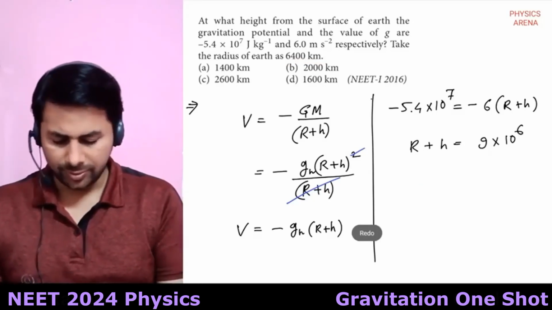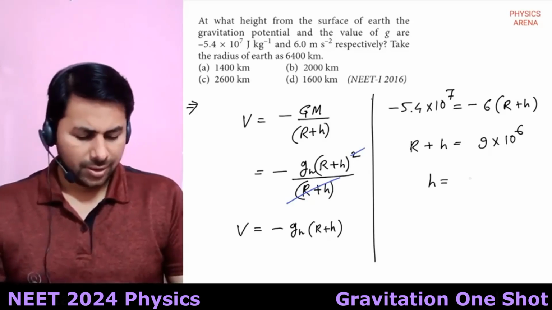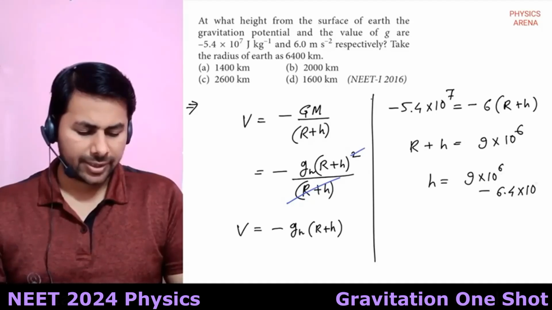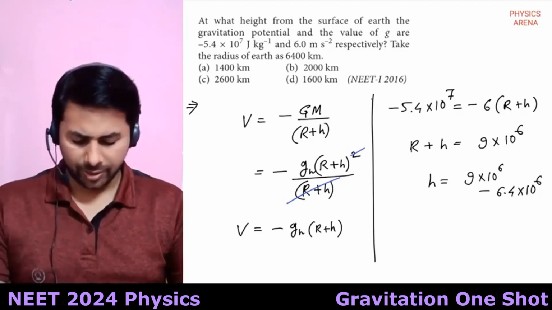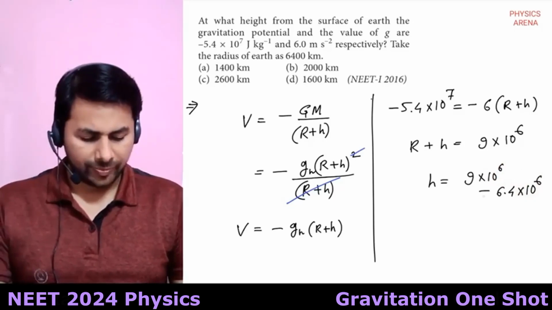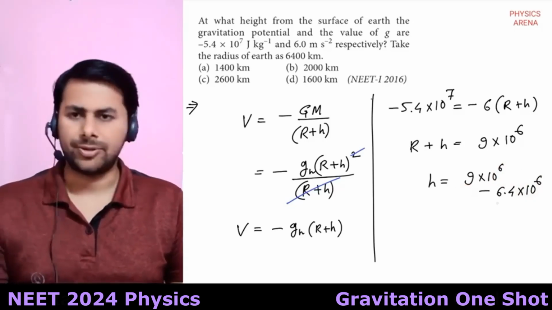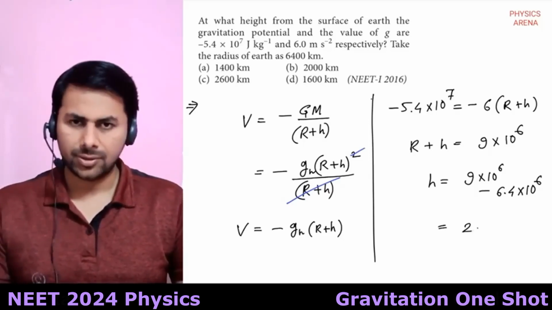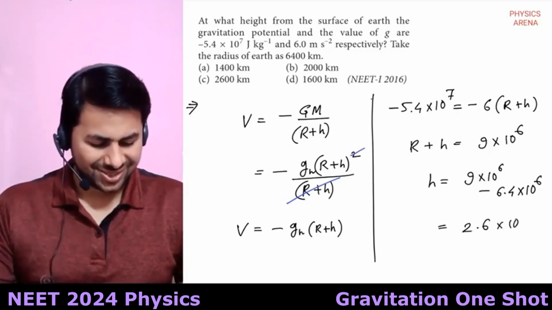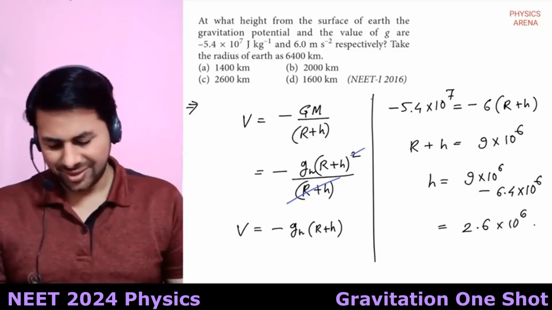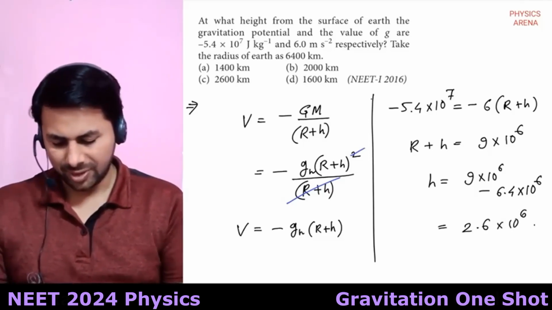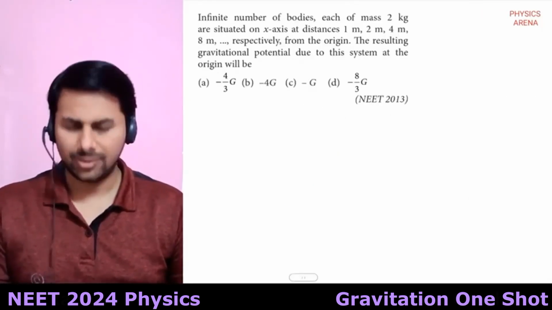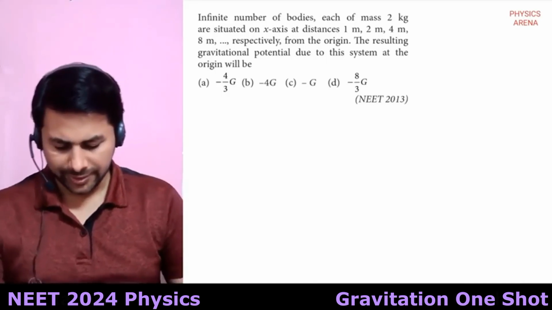Okay, so H is equal to 9 into 10 raised to 6 minus 6.4 into 10 raised to 6 in meters. Okay, 10 raised to 6 you can take common. So this will be 9 minus 6.4. How much? 2.6. Right? So answer is option C, 2600 kilometers. Okay, let's see next one.